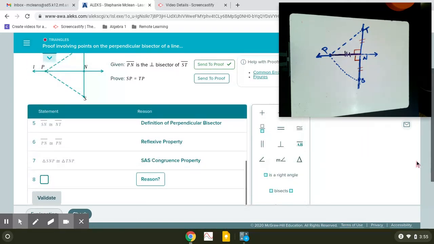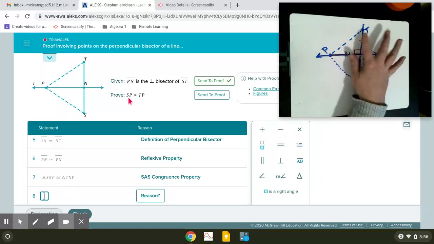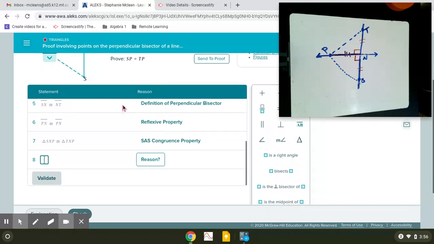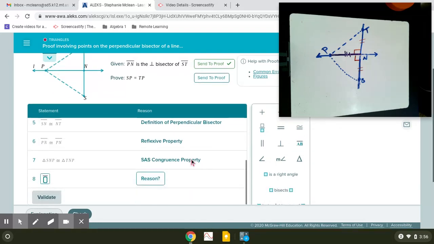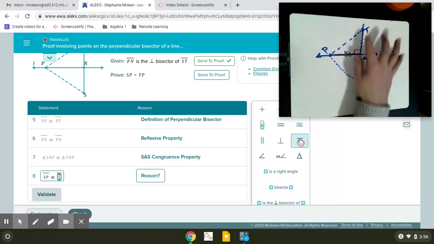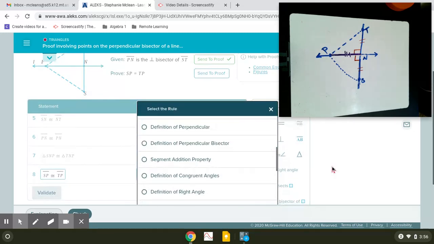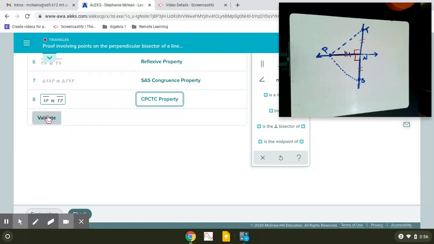We are trying to show that SP equals PT. So first we have to do it in terms of the sides of a triangle. So we say that the side SP, so segment SP, is congruent to the side TP. And that is the CPCTC property.